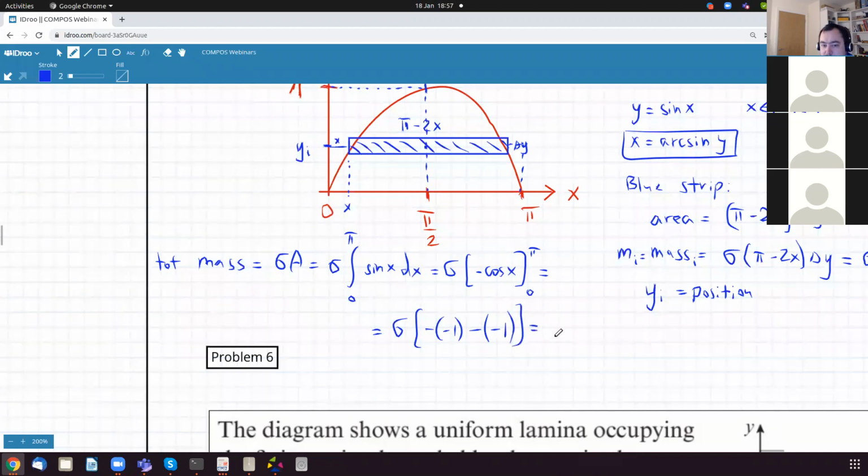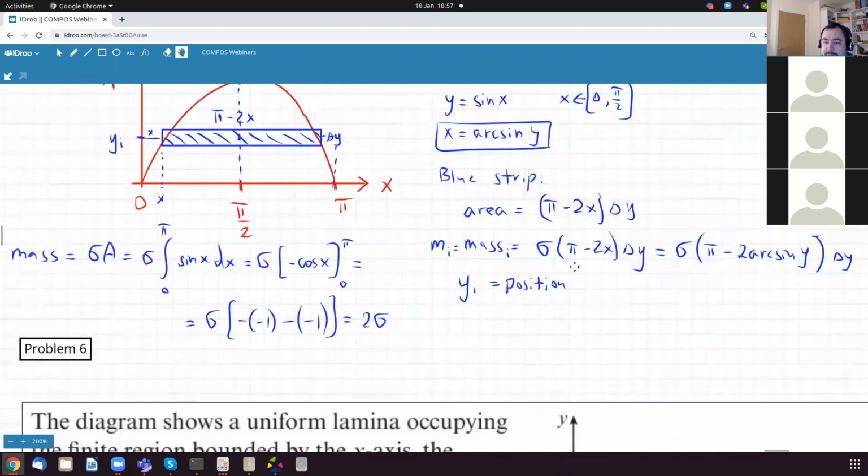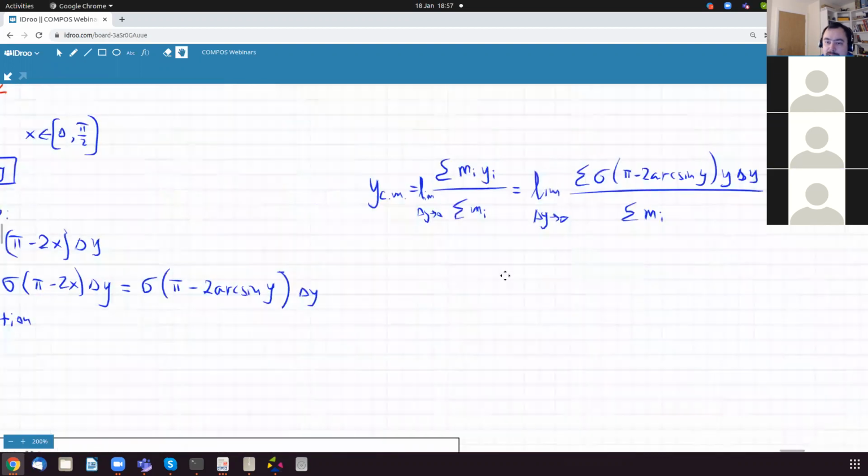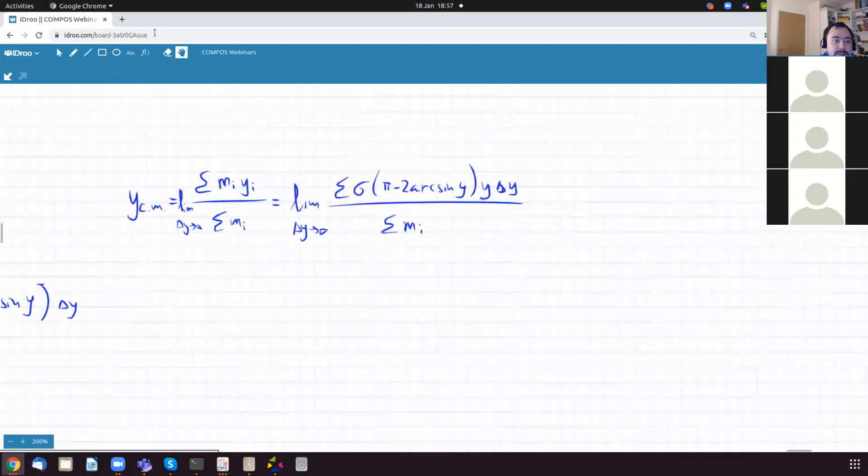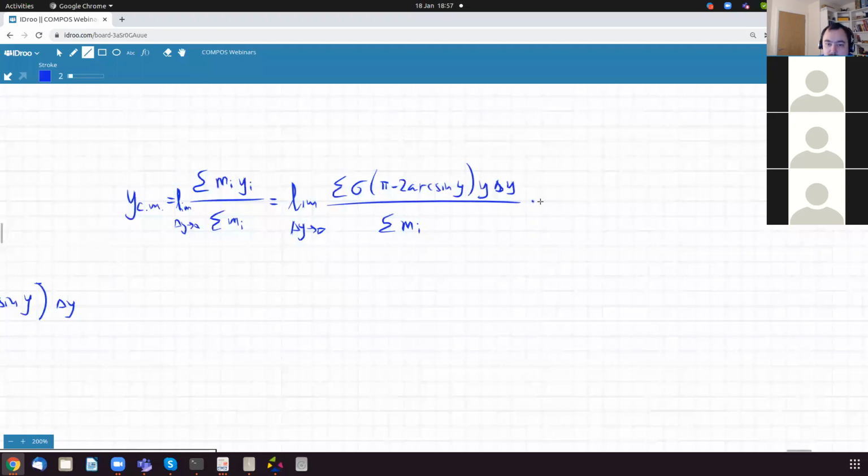That is 2 sigma. Okay, so we know the bottom bit. The bottom bit is 2 sigma, which makes life easier again.